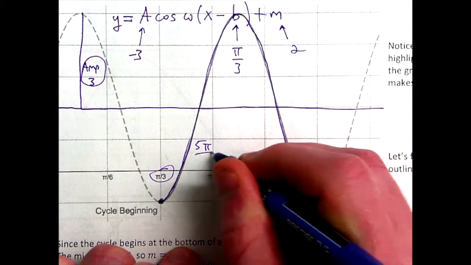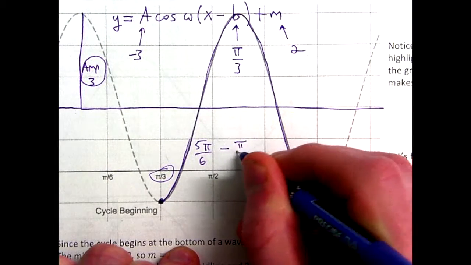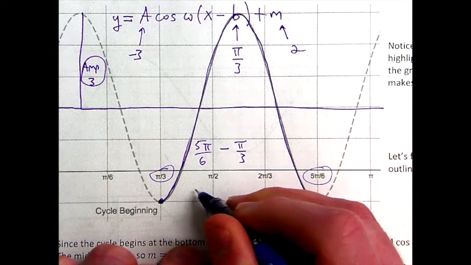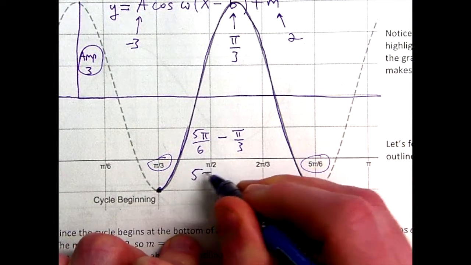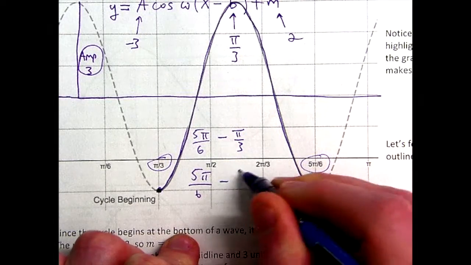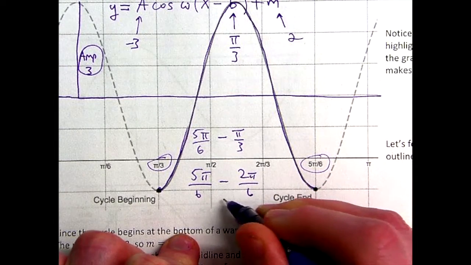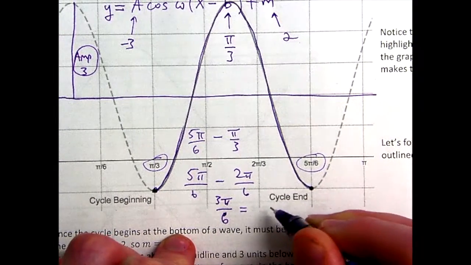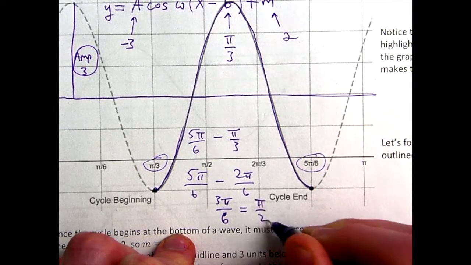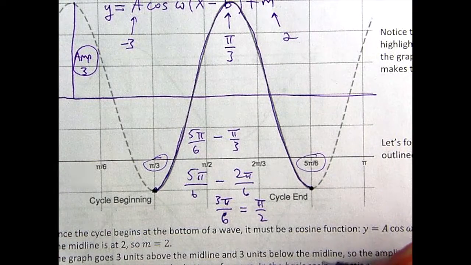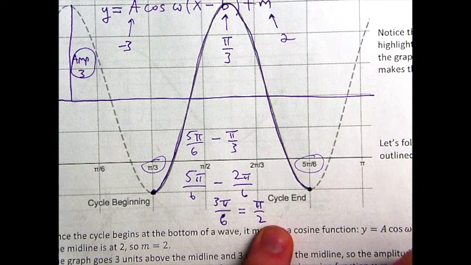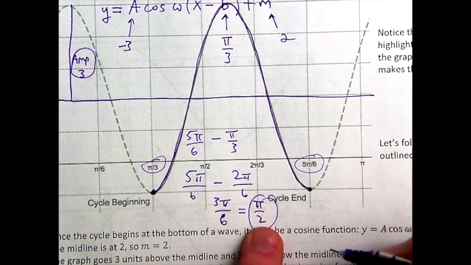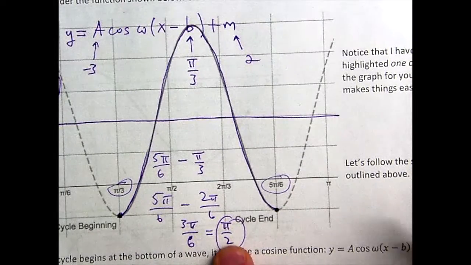So 5 pi over 6 minus pi over 3. I need common denominators to simplify this. That's 5 pi over 6 minus 2 pi over 6, which gives you 3 pi over 6, which reduces to pi over 2. That is the length of this cycle, which means that's my period, so the period p is pi over 2.